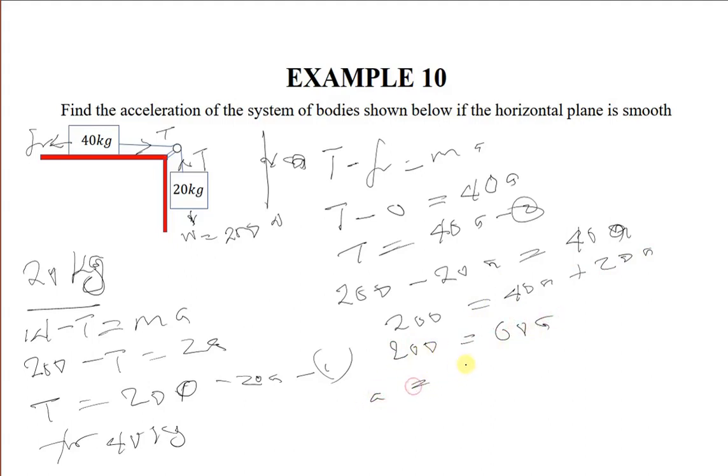So A will be 200 over 60. That will give me 20 over 6, which is 10 over 3. That will be 3.3 meters per second squared.